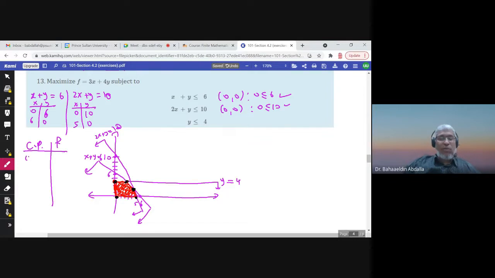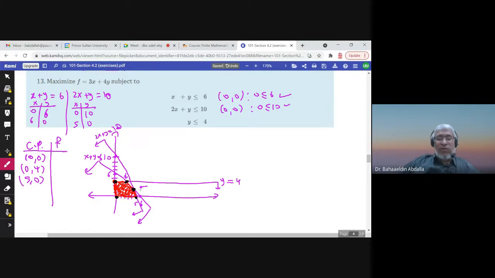Well, I have (0, 0) as a corner point, and this point, y is 4 here, so (0, 4). And this point, you see 5 here, so it's (5, 0). And I need to find this one and this one.